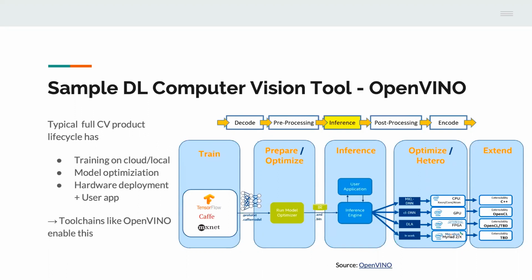But sometimes you may be just happy with what you have available, and then you can use it as is. In this case, the inference model optimizer is actually optimizing it for hardware, and then you can use it for multiple different platforms.